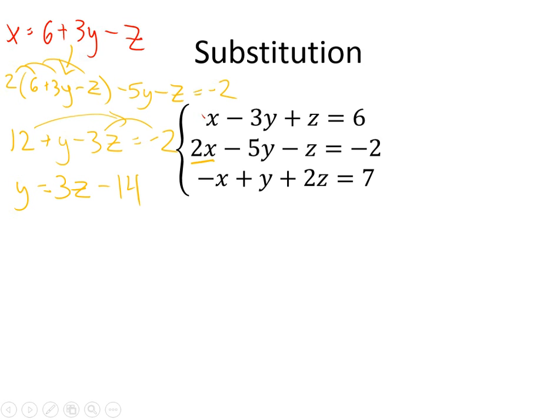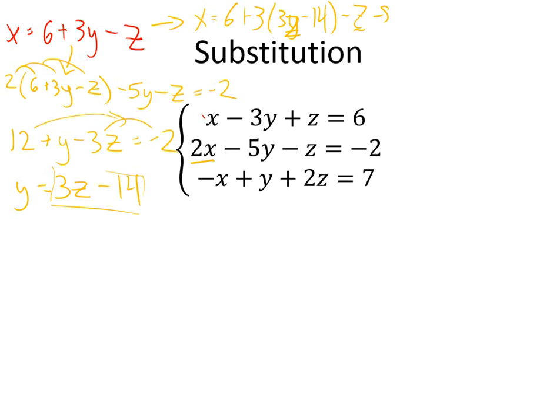Okay, and what we're trying to do here with the substitution method is get everything in terms of one variable. So see what this y equals: 3z minus 14. You can take that and plug it in here for that y. So you have x is equal to 6 plus 3 times 3z minus 14 minus z.